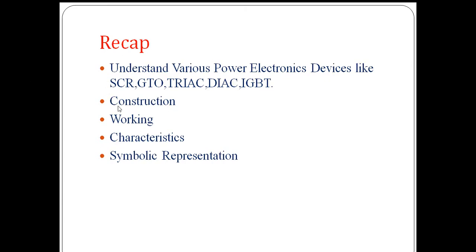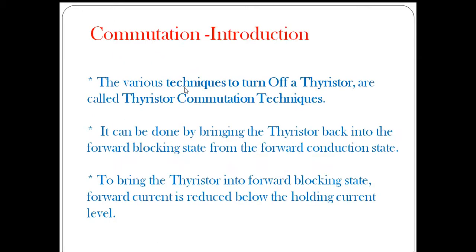But the main disadvantage is that we do not have any control over turning off the device. To turn off the device, we need certain extra circuit to be placed in the SCR. The silicon controlled rectifier should have a circuit for turning off the device.